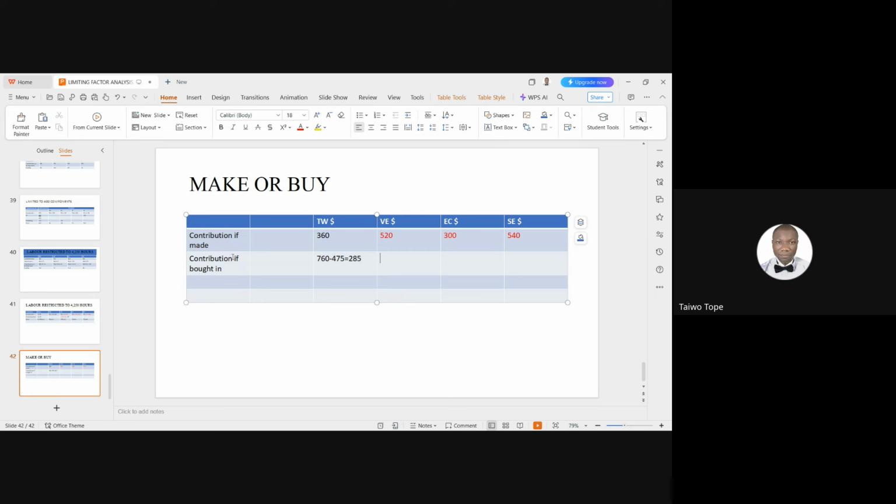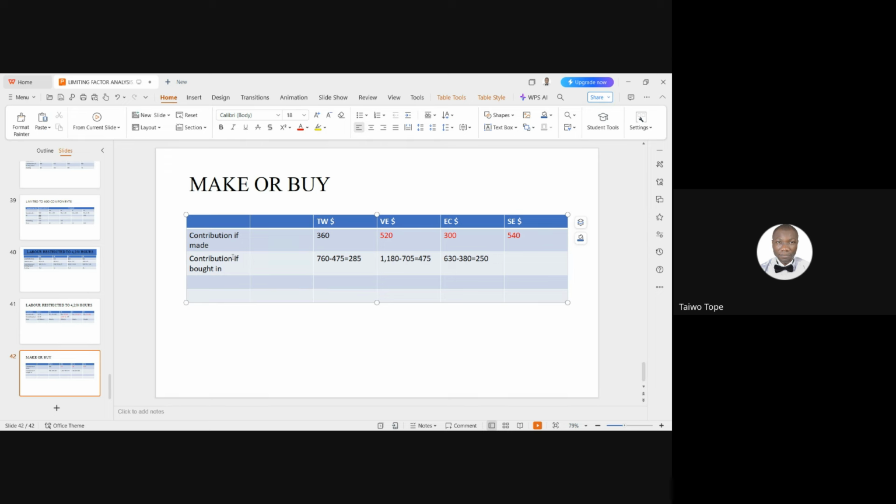For the next one, it is 1,180 minus 705, which gives 475. For EC, you have 630 less 380, which is 250.